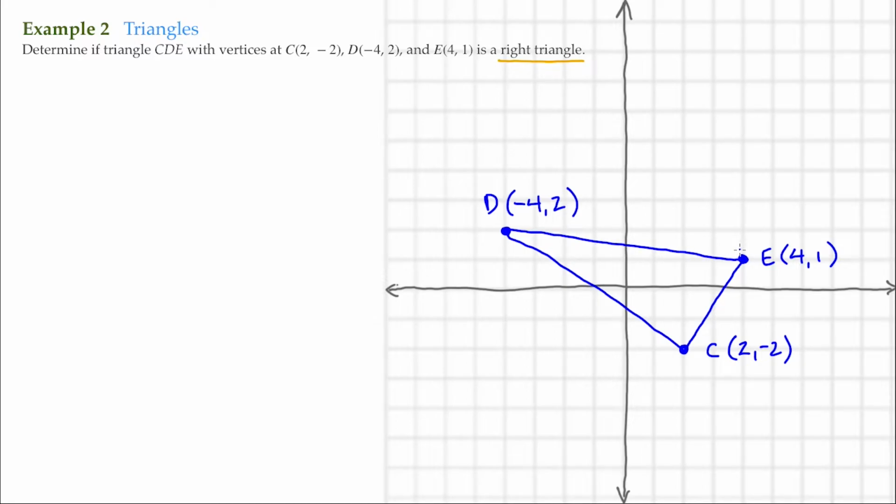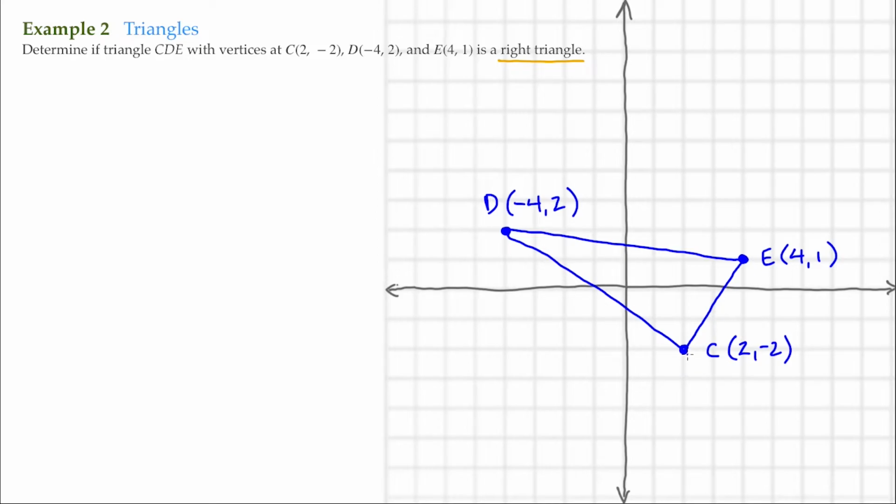So not bad. We can certainly see how our triangle looks. In order for this triangle to be a right triangle, it has to have an angle that's 90 degrees, where two of the line segments meet at a perpendicular, so their slopes have to be perpendicular. So either segment DC, where it meets up with segment CE, if the slopes of these segments are opposites and inverses of each other, then they're perpendicular to each other, thus forming a 90-degree angle.